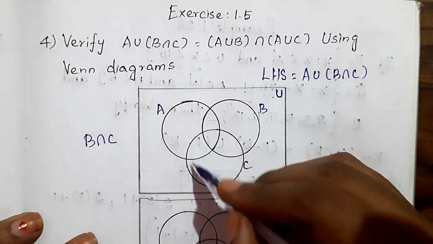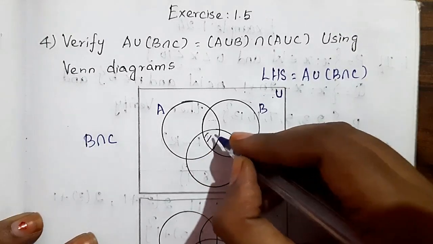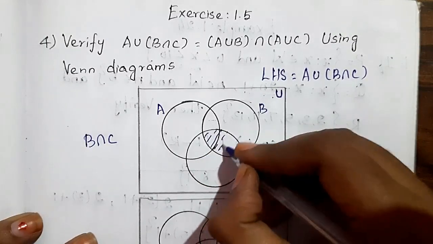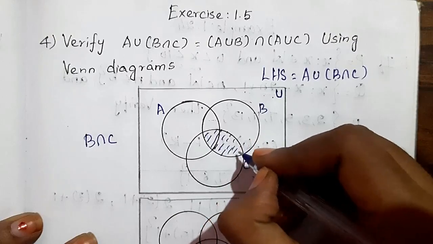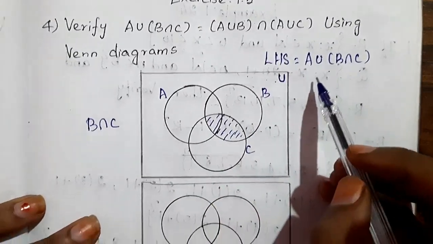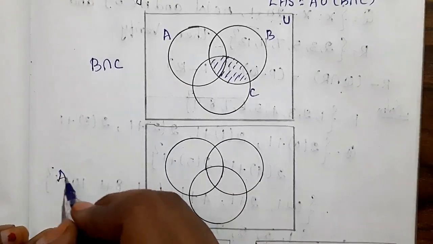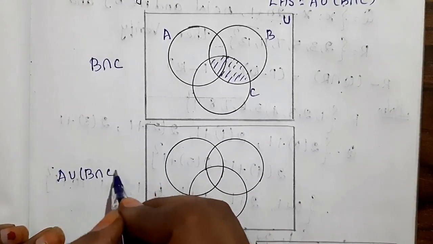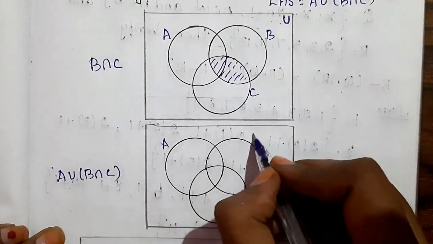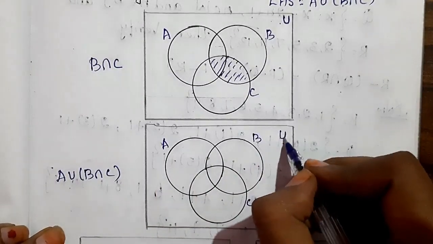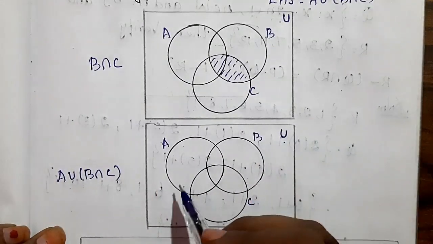It is B, it is C. Common of B and C is this part. So I shaded that. Next we can do A union B intersection C. It is A, B, C universal set. Then A union.